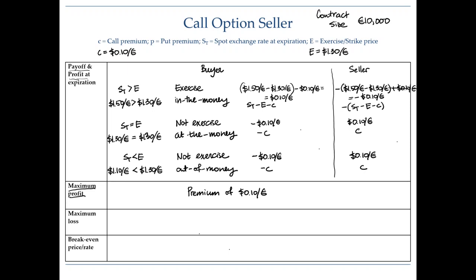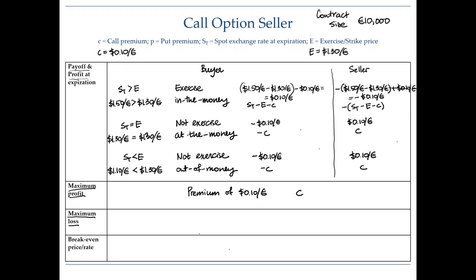So whenever they exercise this contract, there will be some negative payoff for the seller. So the best case scenario for the seller is simply keeping the premium, so the most they will make is C. But how about maximum possible loss?